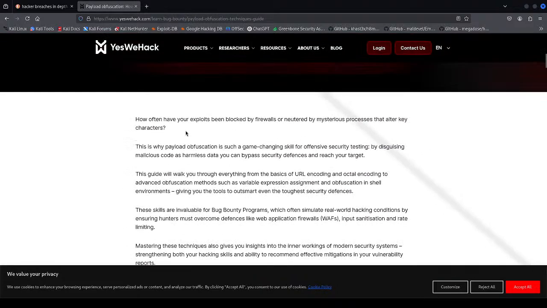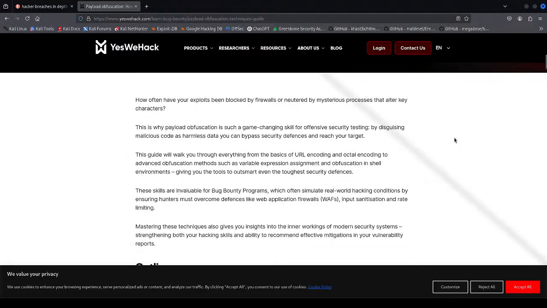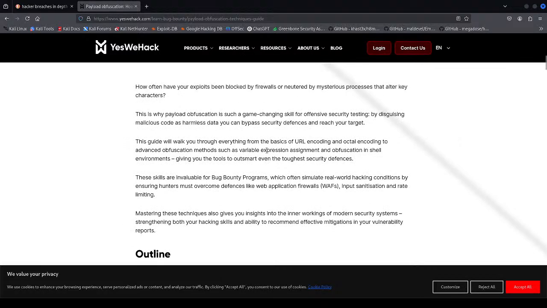How often have your exploits been blocked by firewalls or neutered by mysterious processes that alter key characteristics? This is why payload obfuscation is such a, I have trouble pronouncing this word, such a game-changing skill for offensive security testing. By disguising malicious code as harmless data, you can bypass security defenses and reach your target.